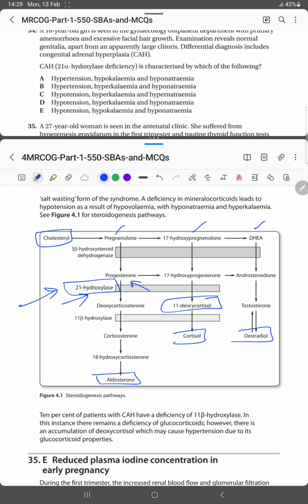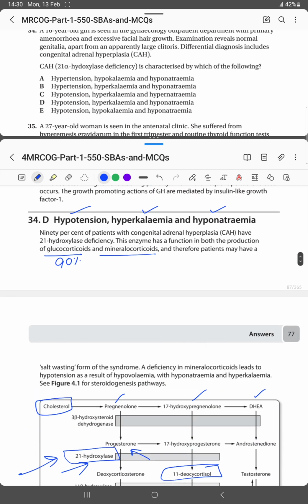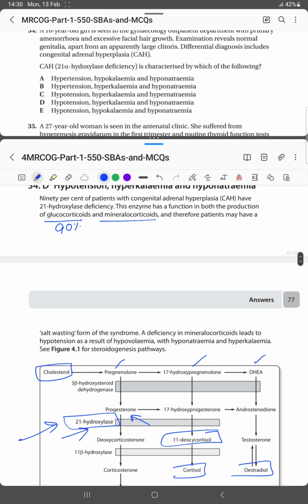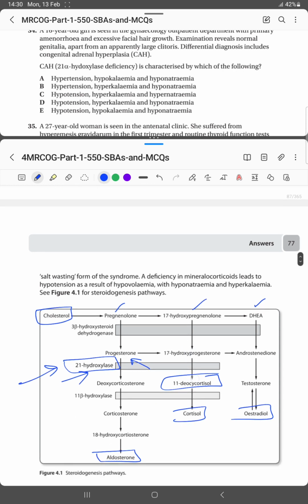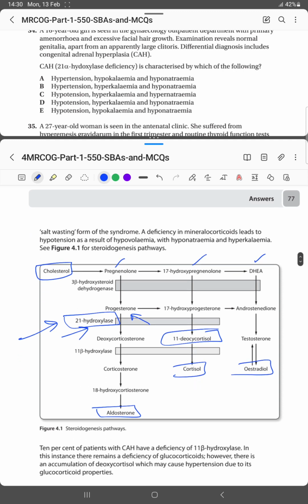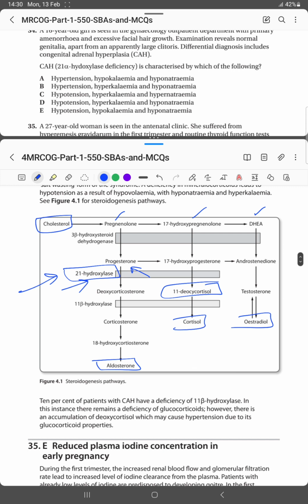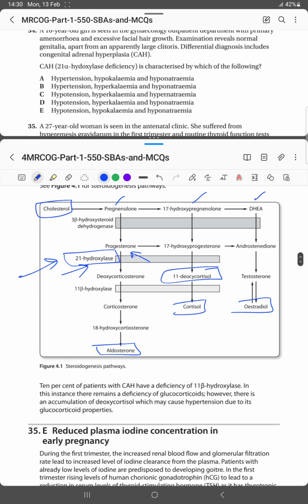And when there is no cortisol and aldosterone, the patients have the deficiency, because this acts on both the glucocorticoid and mineralocorticoid pathways. This affects the mineralocorticoids, and there will be hyponatremia. Hyponatremia leads to hypovolemia, and hypovolemia leads to hypotension, as well as hyperkalemia.